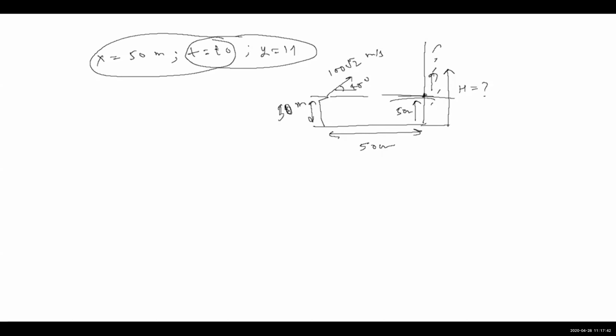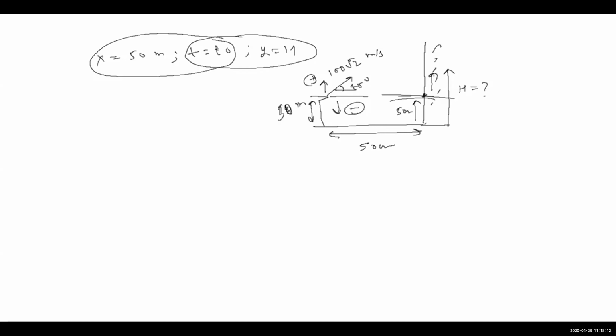Yes, sir. No, Amog, it is not always negative. If you are taking downward as negative, you will write it negative. If in a question, you, let's say, assume downward is positive, then you will write it positive. But if you assume downward as positive, then upward will become negative. It's always relative. No? If I'm assuming upward direction as positive, then downward will become negative. So whatever is in the upward direction, we'll take it positive, and whatever is in the downward direction, we'll take it negative.